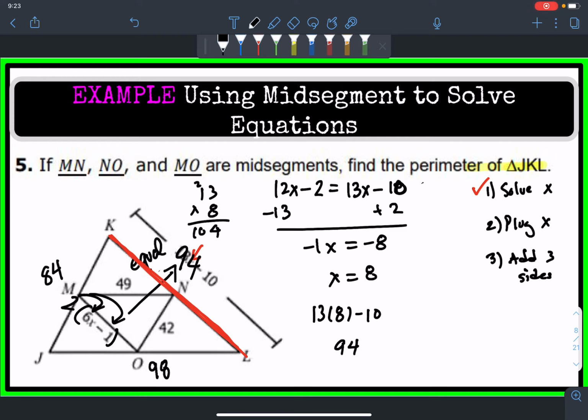So those are the three sides I'm going to add. I'm going to add 84, 94, and 98. So 276 is our perimeter. So our perimeter is 276.